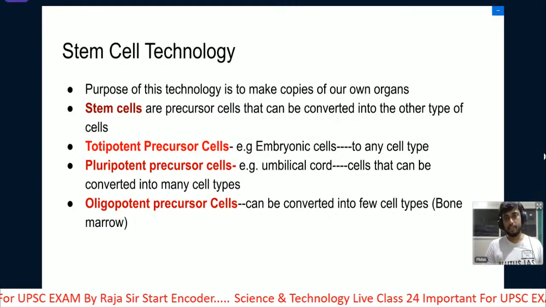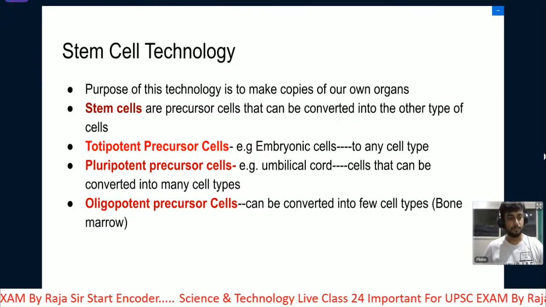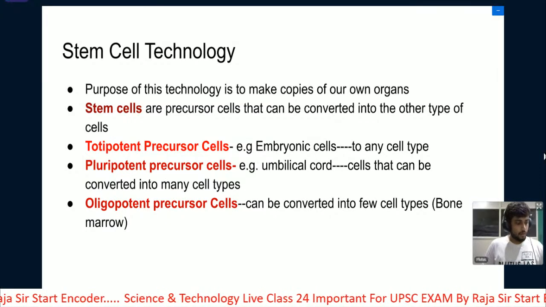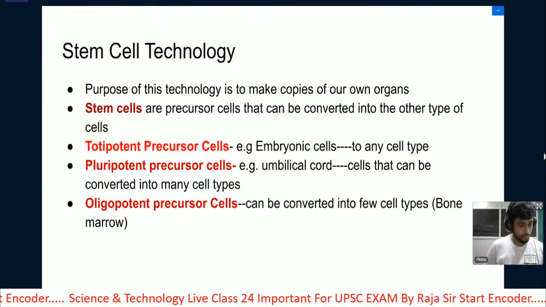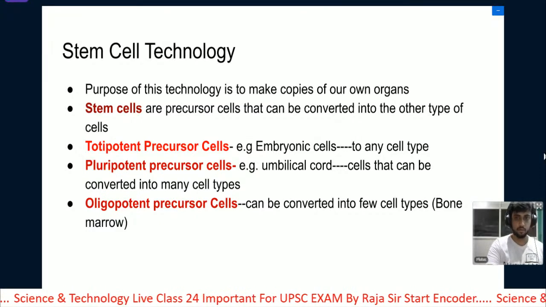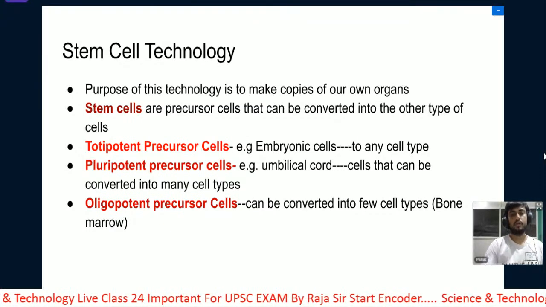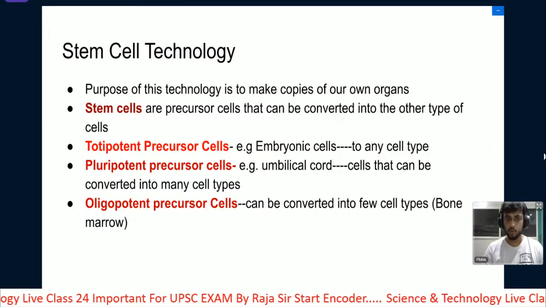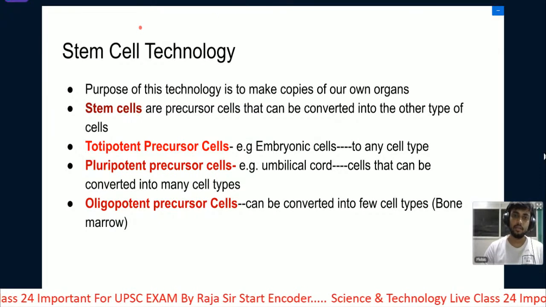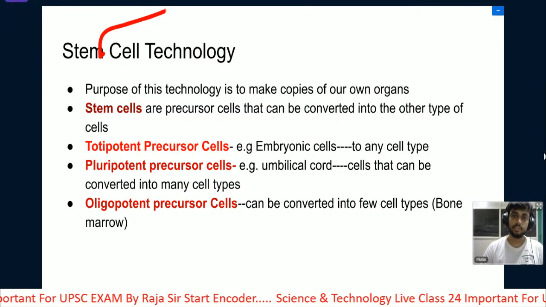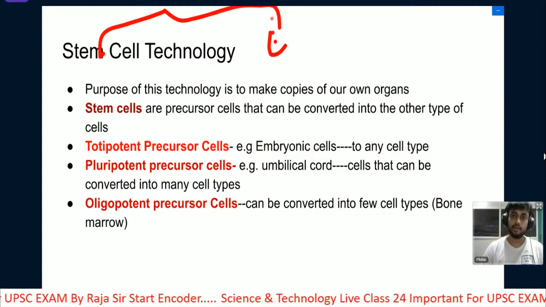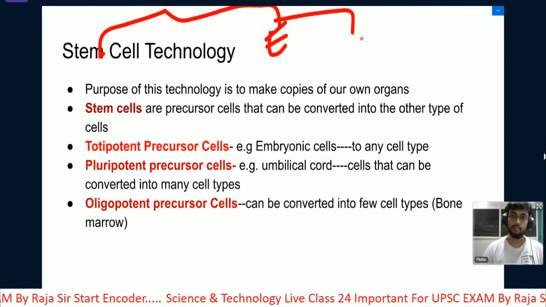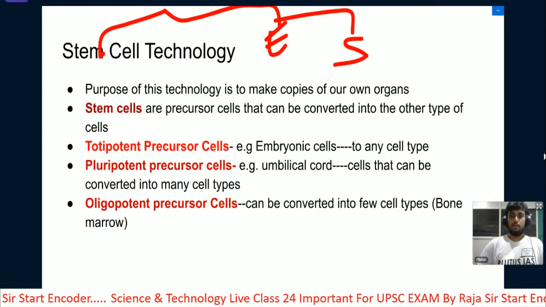Now we are starting with the stem cell technology. So what are these stem cells? I told you earlier that these cell banks store the stem cells, they store the egg, and they also store the sperm.